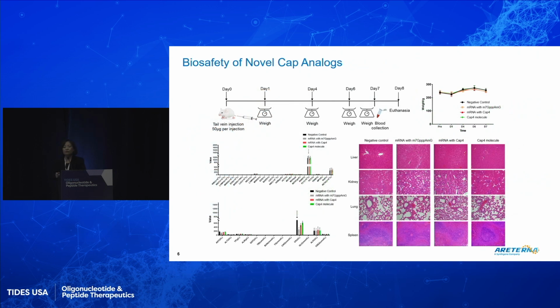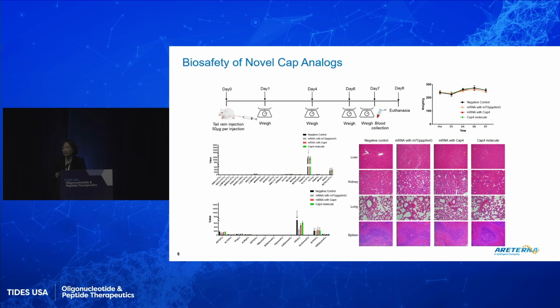First of all, because those cap analogs are unnatural structures, we need to evaluate how safe they are. In this case, we inject mRNA capped with the commercial benchmark GAG cap, or in this case Cap 4, UNA cap. We inject 2 different mRNAs.